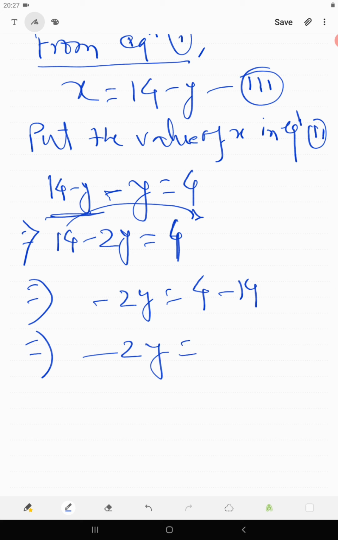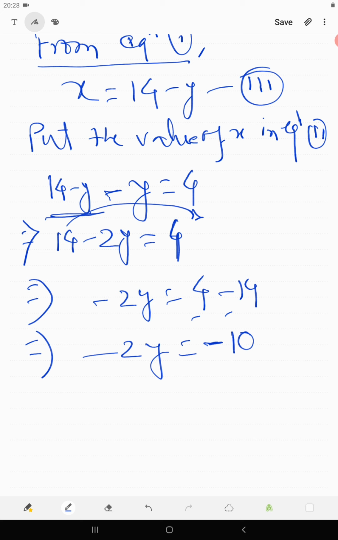As I have told you already in my previous video, if you are subtracting a bigger number from a smaller number, the sign will be negative. First put the negative sign, and from whichever is the bigger number, subtract the smaller number. So 14 minus 4 is 10. I hope you understood what I mean to say. So always write the sign of the greater number when both are of opposite sign. Okay, see here, plus 4 and minus 14. The signs are opposite in nature.